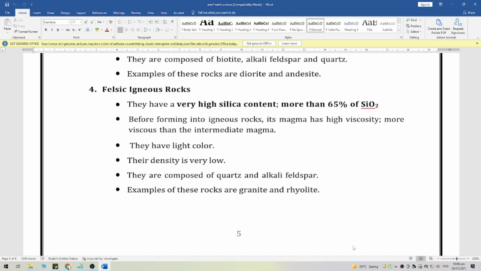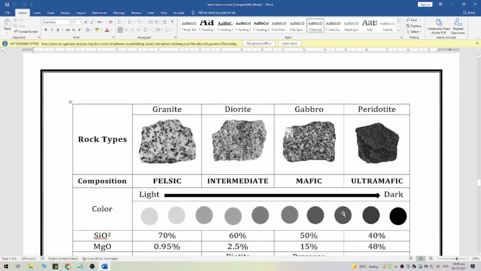So ito yung uri ng lava na pag makikita nyo lumalabas siya sa crater is dahan-dahan. They have a very light color and their density is very low. They are composed of quartz and alkali feldspar. So examples of these rocks are granite and rhyolite. So yun yung mga best examples natin ng four types of igneous rocks according to formation and silica content.